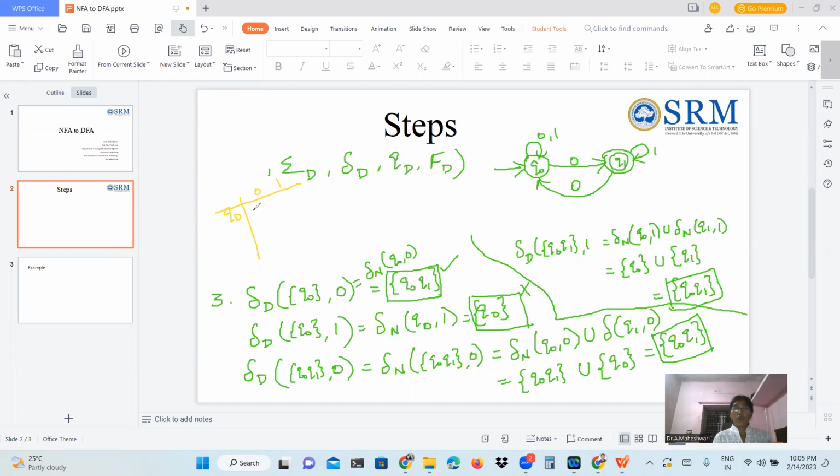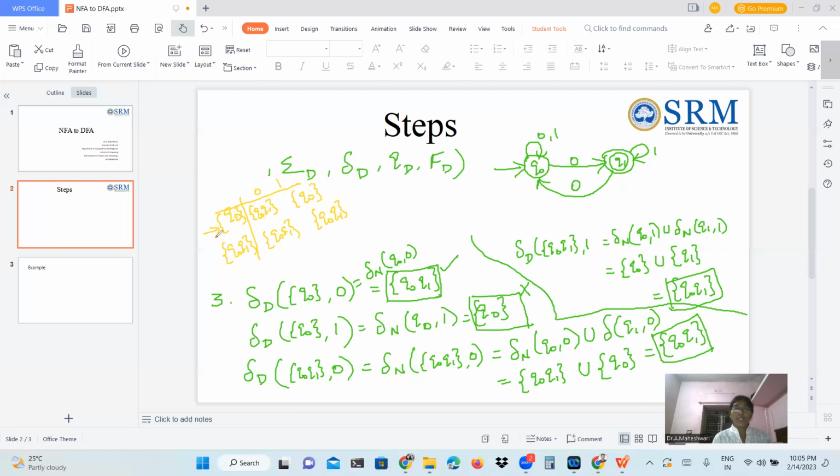The output for Q0, comma 0 is Q0, Q1. For 1 it is Q0 alone. And one more state is Q0, Q1. The output of this one is Q0, Q1 for both inputs. This is only what you received from the input NFA.